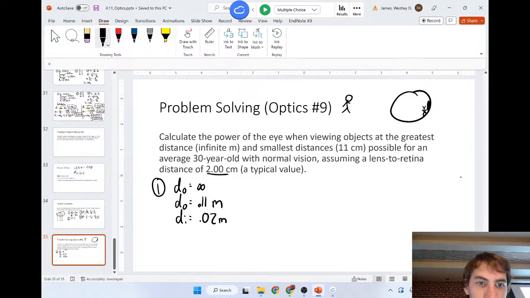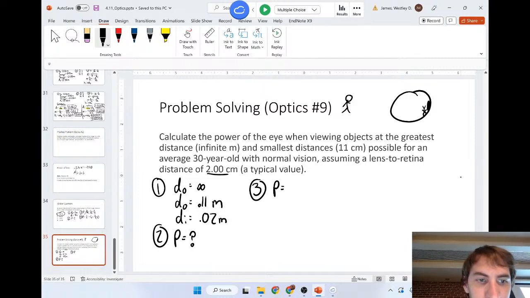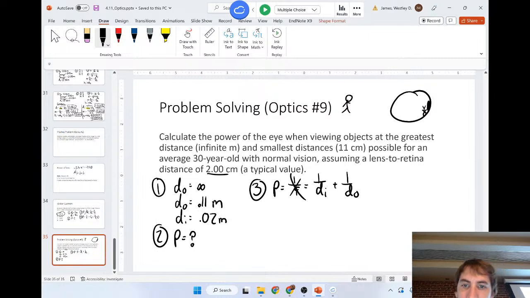All right, so after this point, it's actually pretty straightforward. We're finding the power. We have two cases. We just said that power is 1 over f, which equals, I'm going to write the whole thing, and just remind you all that if you have object distance and image distance, who needs the middle? If a equals b and b equals c, a equals c. So we don't need that. And then we just plug and chug.